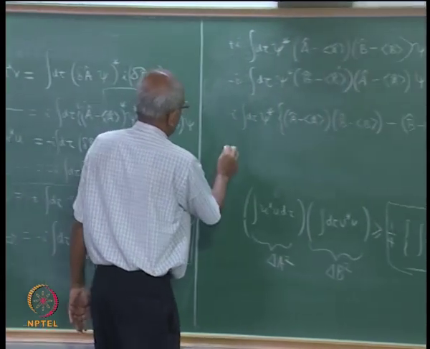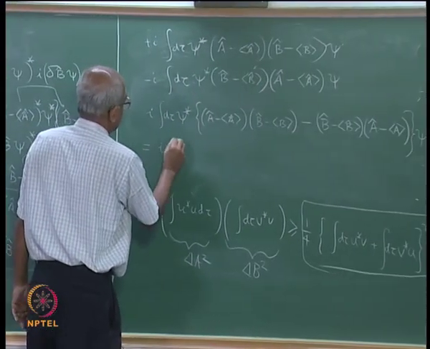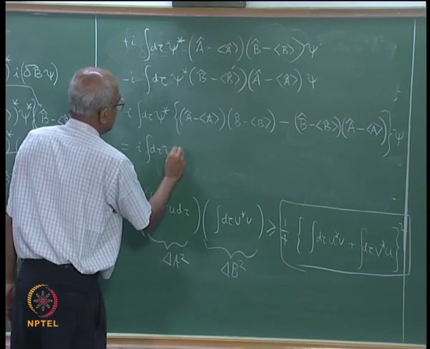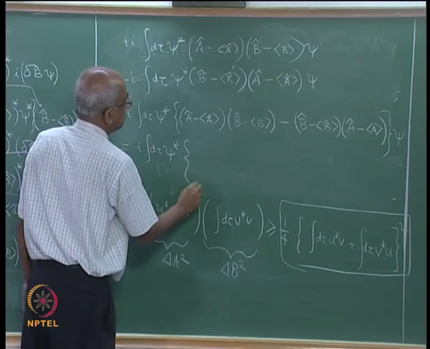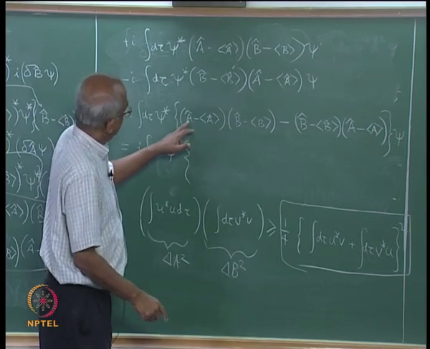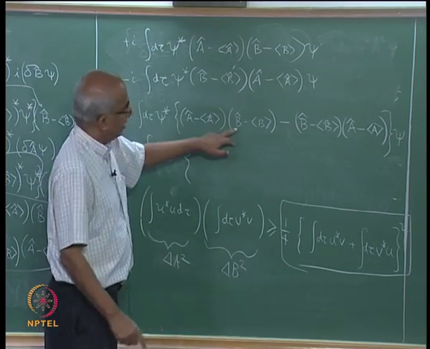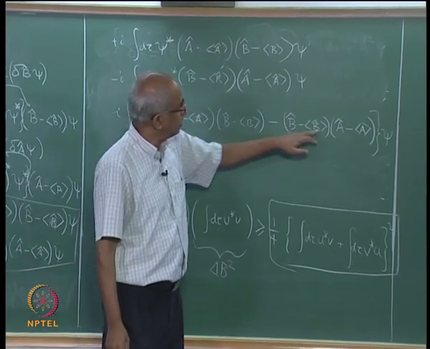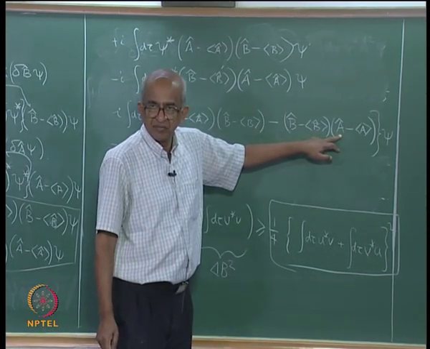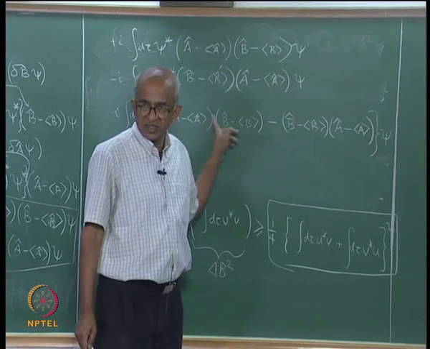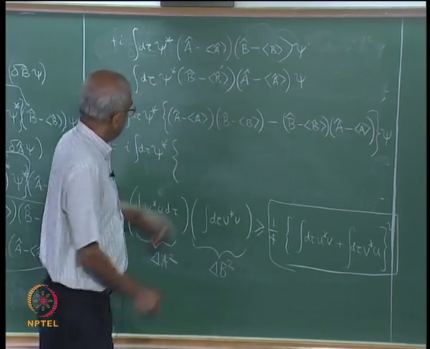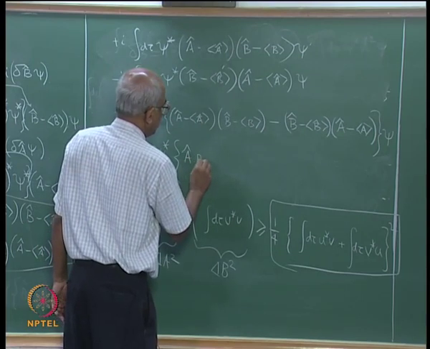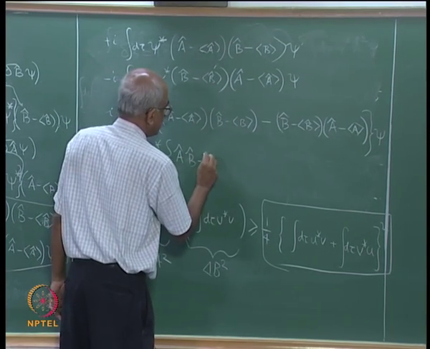And then if you look at this expression, what is it that you are going to get? You will get i times the integral d tau psi star. If you multiply things out, you are going to get a into b from here, and from there you are going to get b into a. It is not in the same order. You see, a into b minus b into a is what you will get.